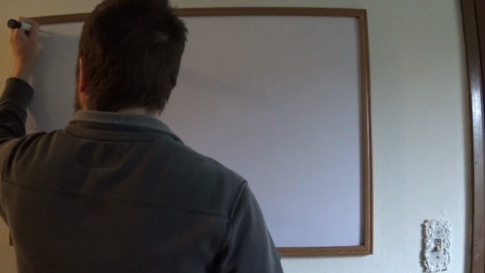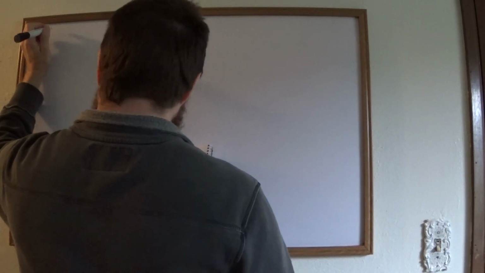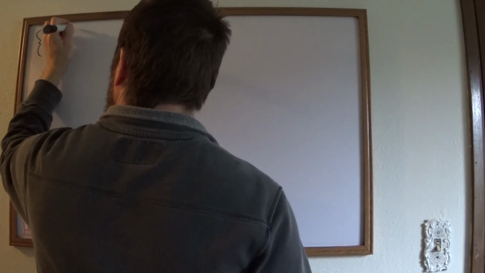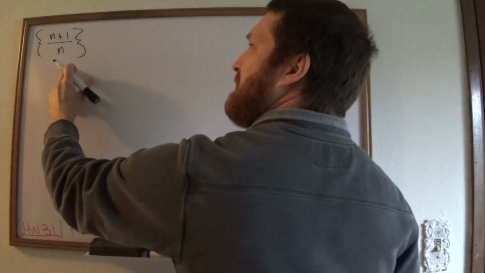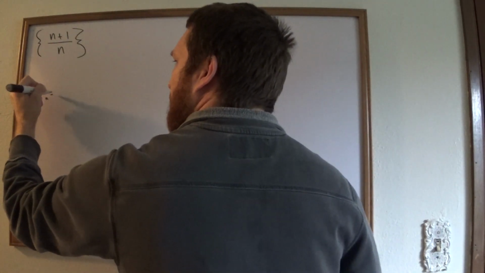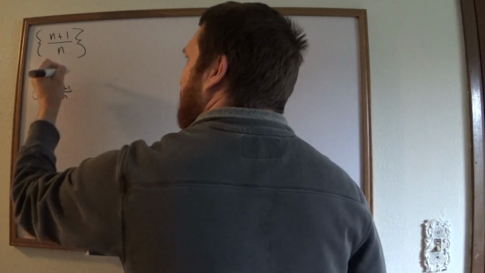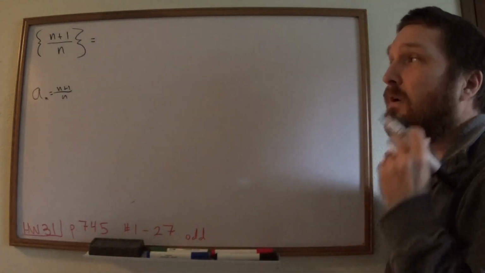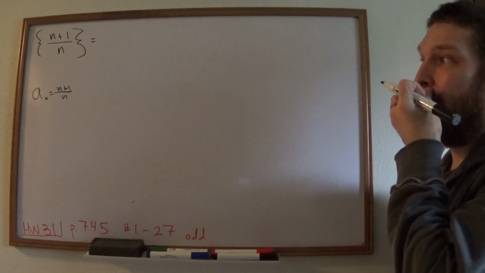Here's a sequence, and I'm defining it by the nth term. This is your a sub n, and a sub n is n plus 1 over n. So what number do we start with for n? 1.